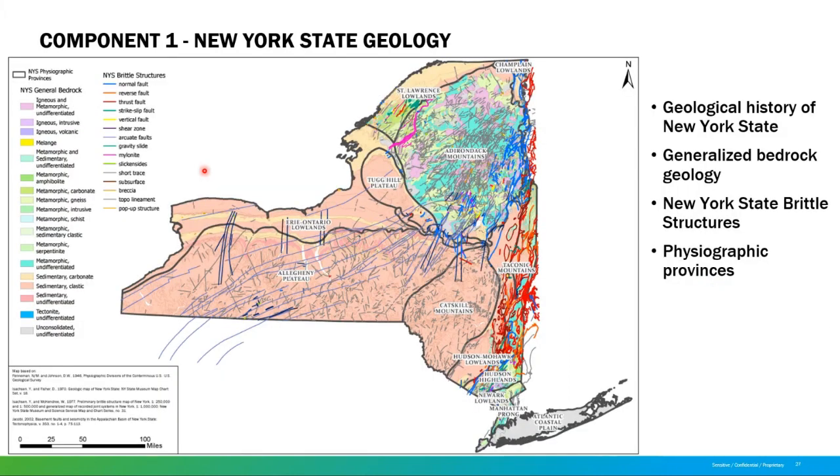This New York State overview also includes a generalized geological history of New York State, focusing on the bedrock and not all the really cool superficial deposits we have here as well.